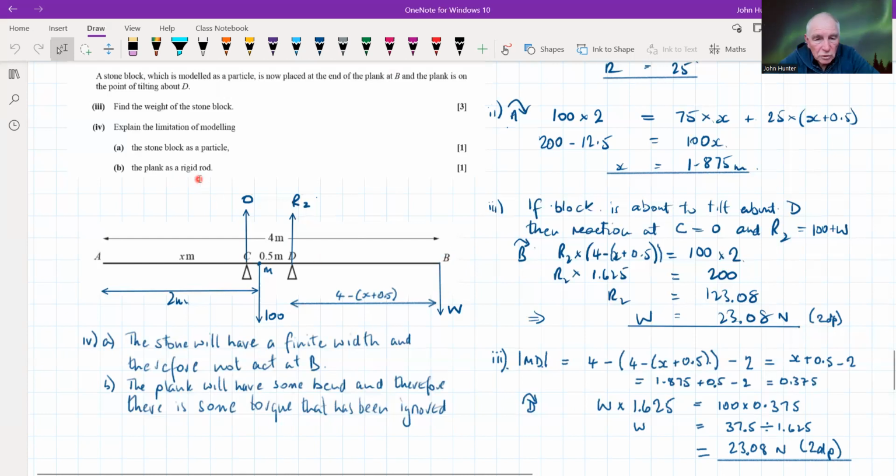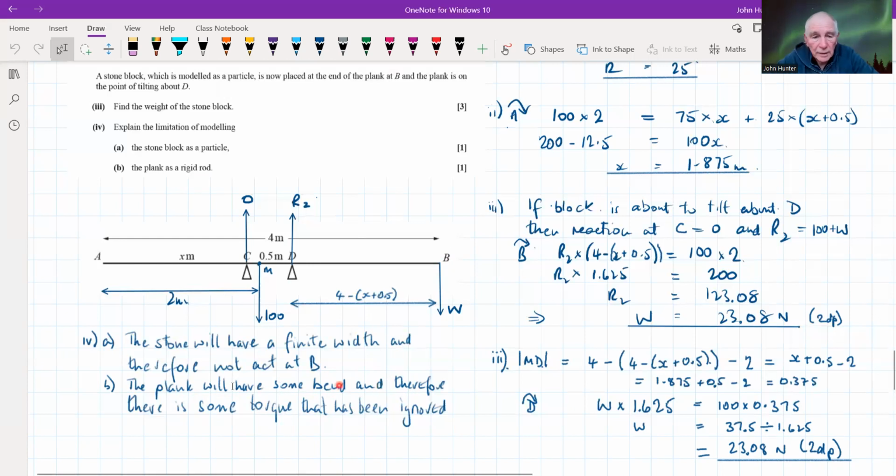And then the plank is a rigid rod. If it's not rigid, then there's going to be some bend in it, and so there'll be some torque. Once you bend the plank, there's actually some torque involved to spring back into place.